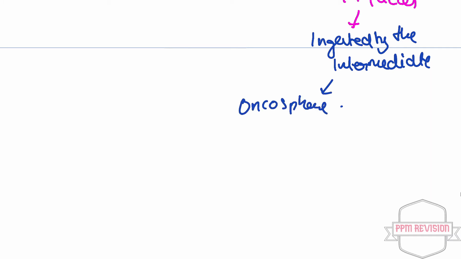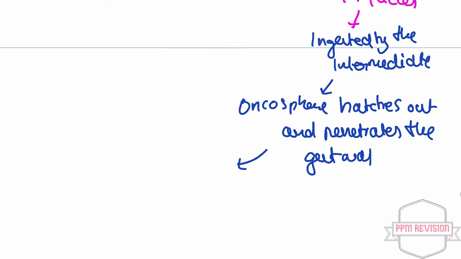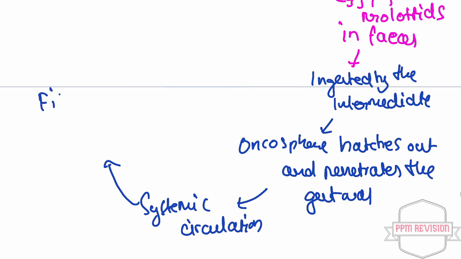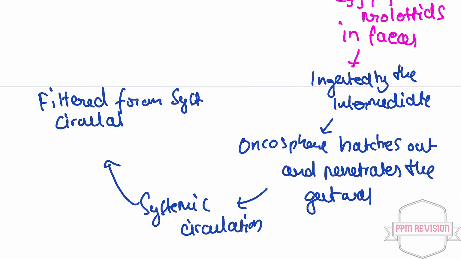What happens? The oncosphere hatches out and penetrates the gut wall. After penetrating the gut wall, it goes into the systemic circulation. Then it's filtered from systemic circulation and goes into the muscular tissue.